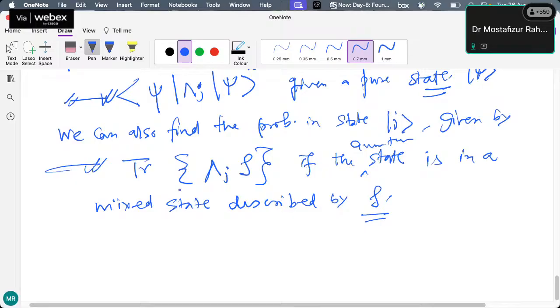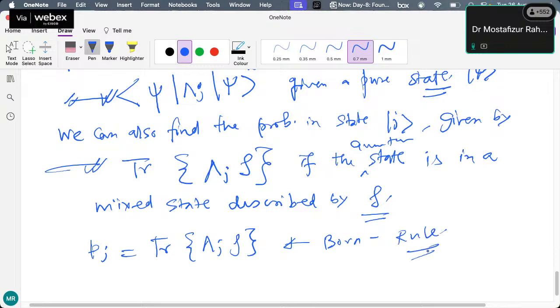So the probability of a particular state, p j, equals the trace of lambda j rho. This is a reformulation of the Born rule that we saw yesterday for quantum measurement.